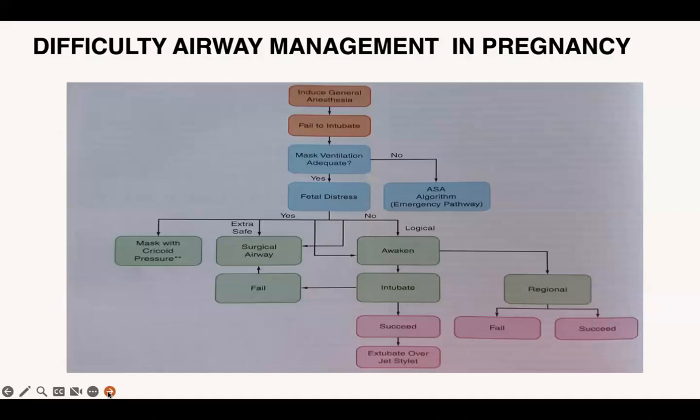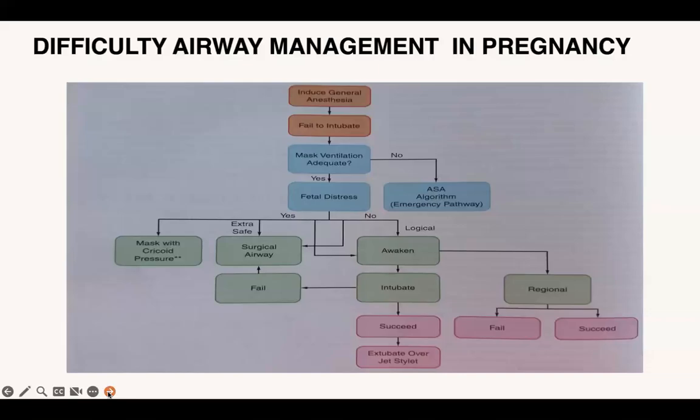You can consider whether you can give regional for the patient, or you could still intubate and go on with the extubation over a jet stylet or fully awake. However, if there's fetal distress and you still cannot ventilate, a surgical airway would be the last resort.